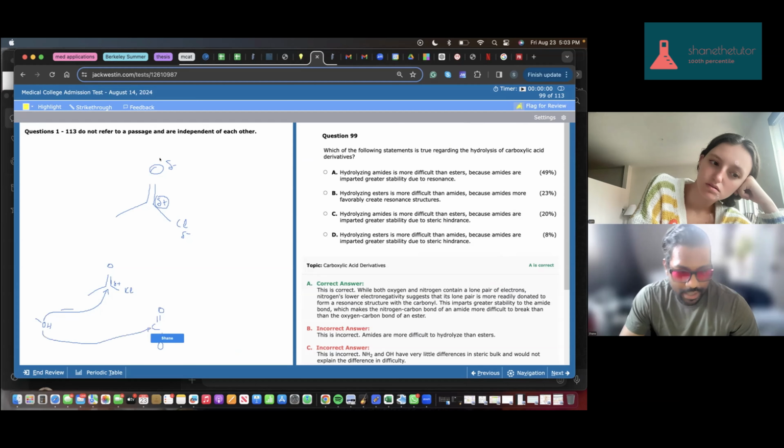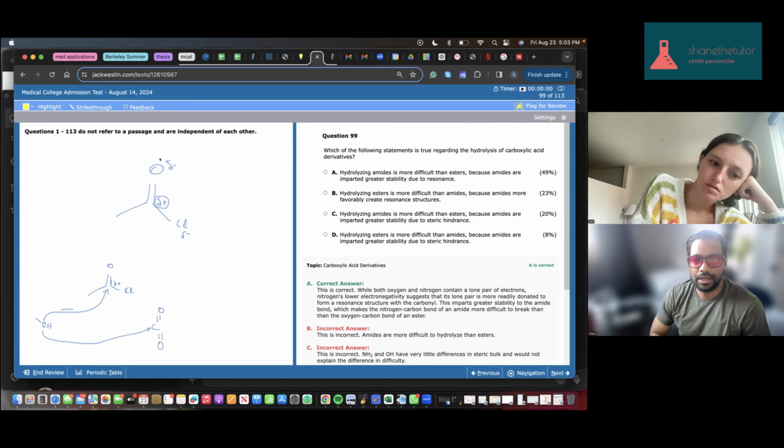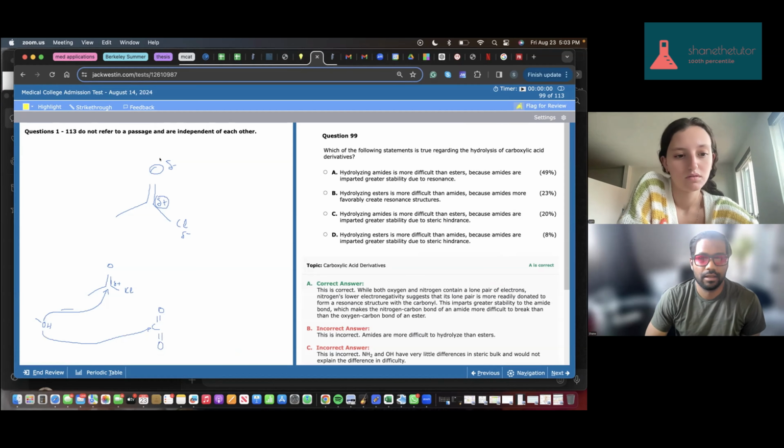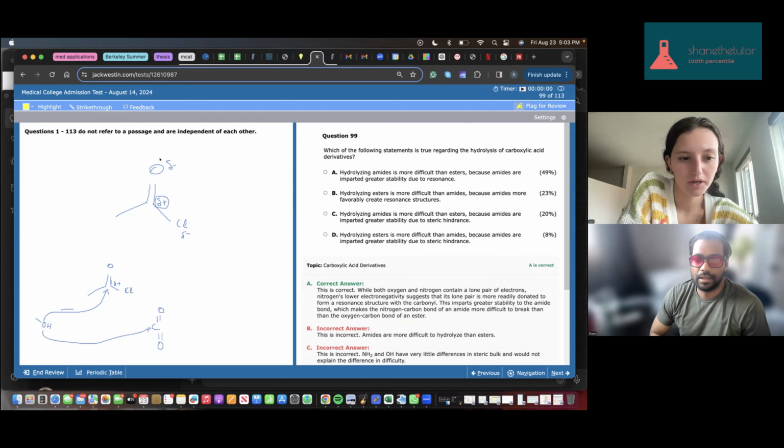Because if I had just CO2, would this attack that? No, because there's no hydrogens for the carbon to link to.